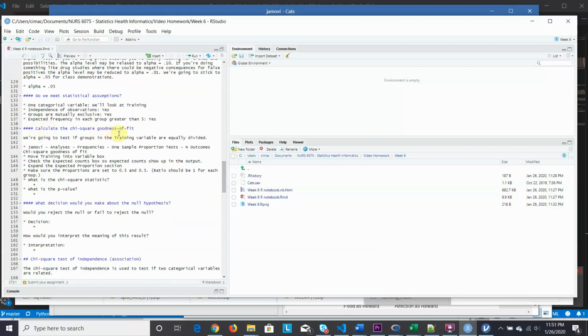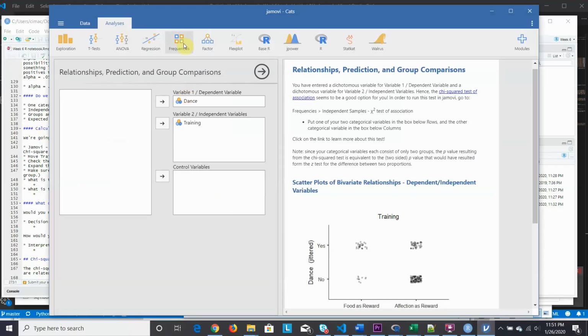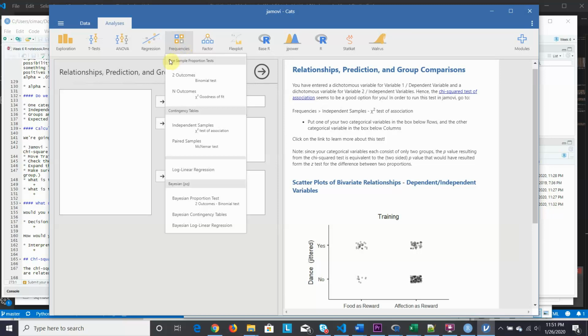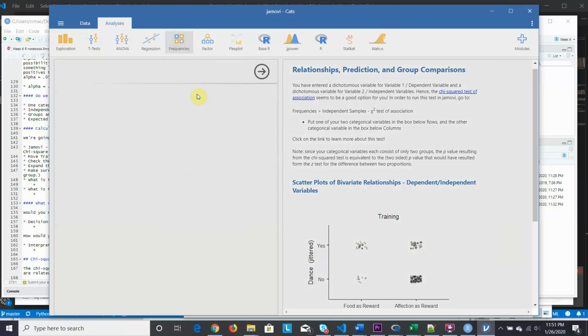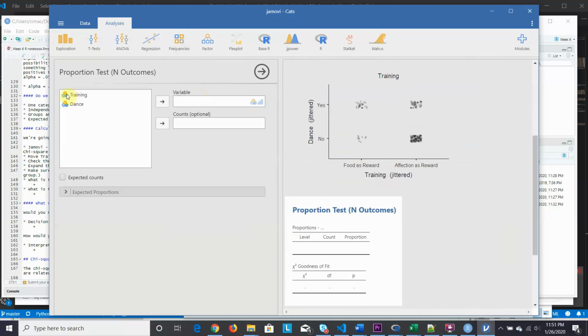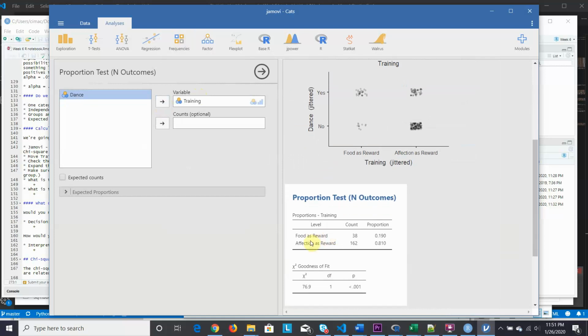Now we're going to calculate the chi-square goodness of fit test. So if you go into Jamovi, we're going to go into frequencies, one sample proportion tests, and we're going to pick this, and outcomes, and we're going to put training in the variable box, and you can see that we get some counts and some proportions.